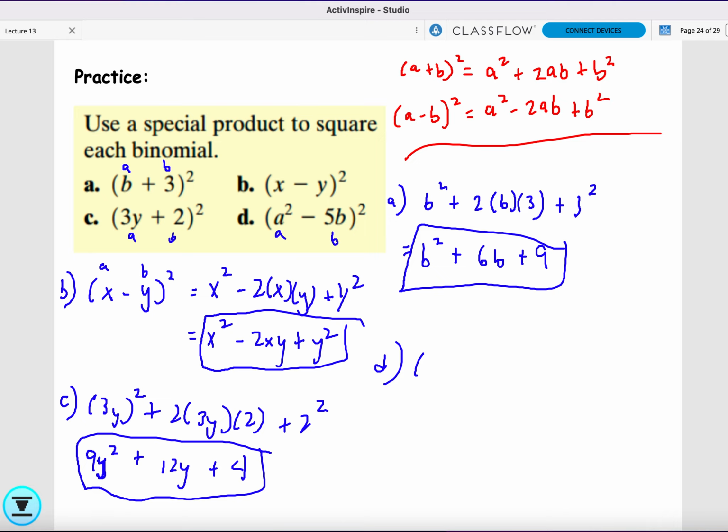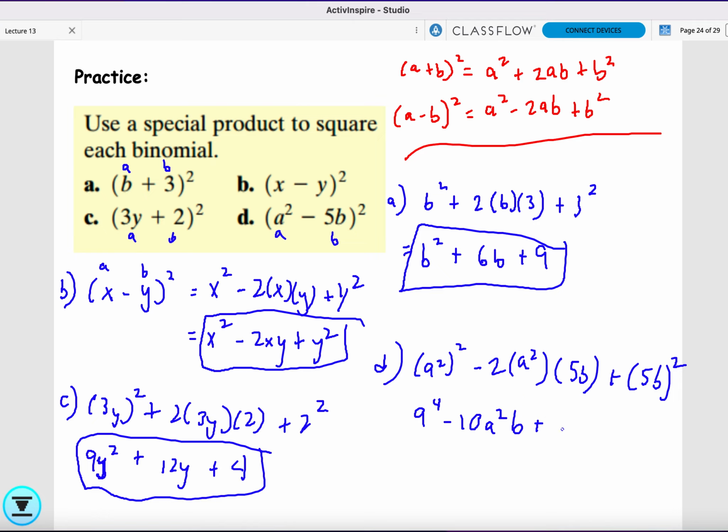So then we get (a squared) to the second power minus 2 times a squared times 5b plus (5b) squared. A squared times a squared is a to the fourth. Minus 2a squared times 5b is negative 10a squared b. (5b) squared is 25b squared. And we're done.